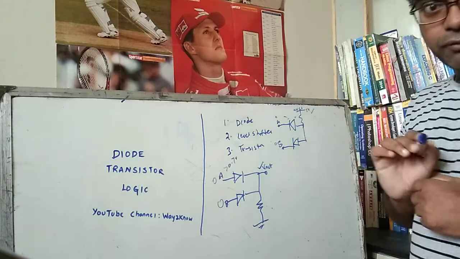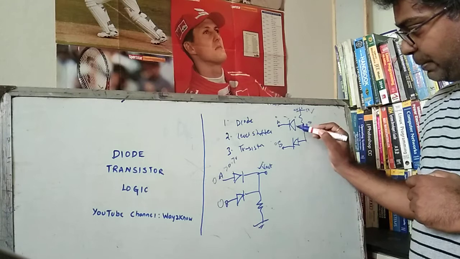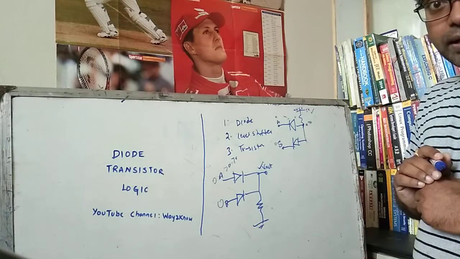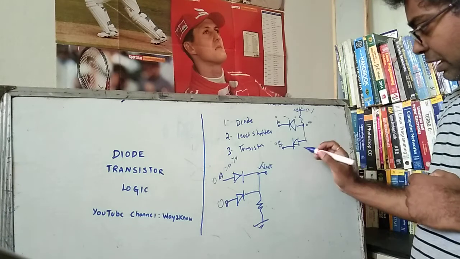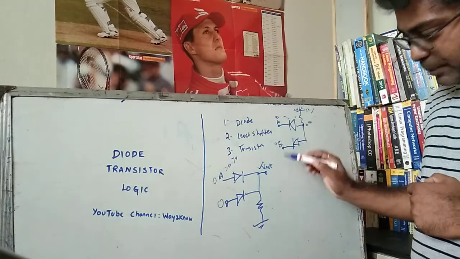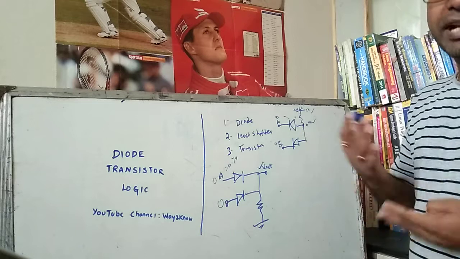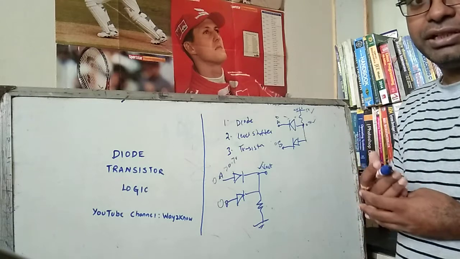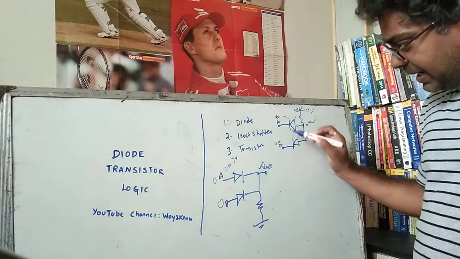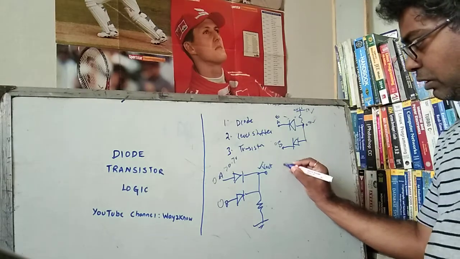That means this diode is forward biased. When this diode is forward biased, the voltage drop across this diode would be 0.7 volt. So once this becomes 0, irrespective of the other diode state, this 0.7 volt will be maintained, because the lower voltage always gets the preference. So that means if any of the inputs is 0, the output goes to 0.